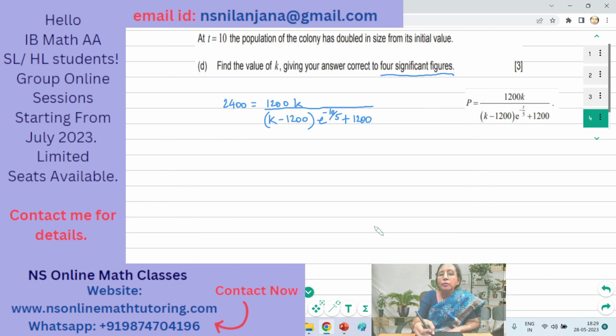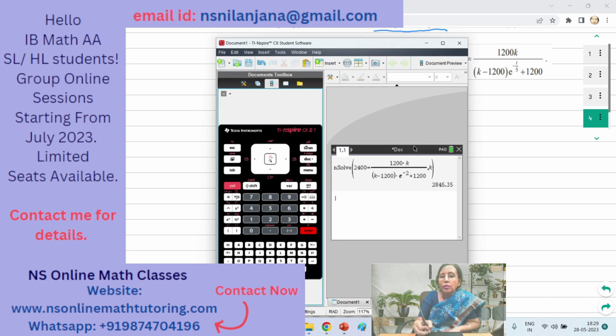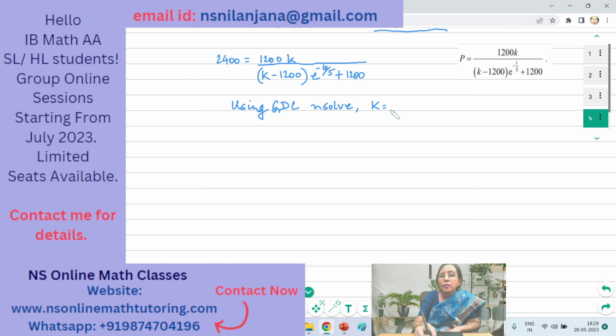So using GDC INSOLVE, K is equal to 2845, up to 4 significant figures.